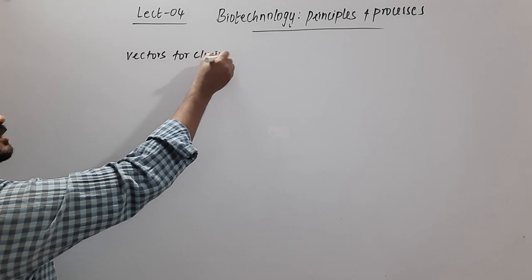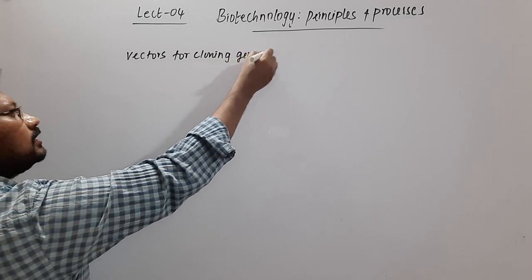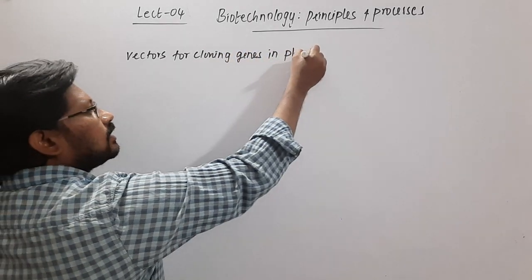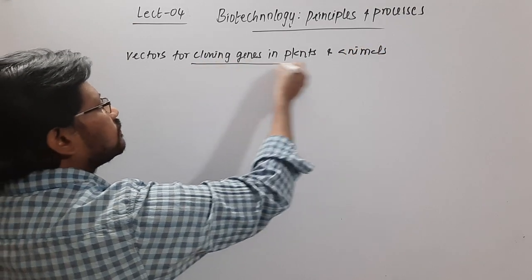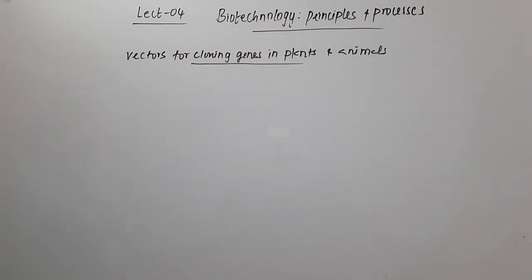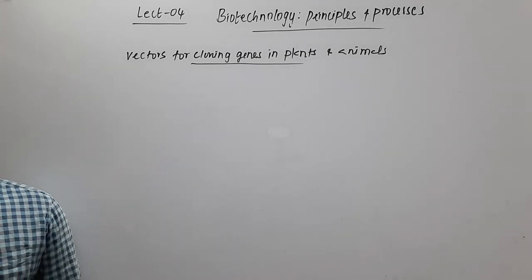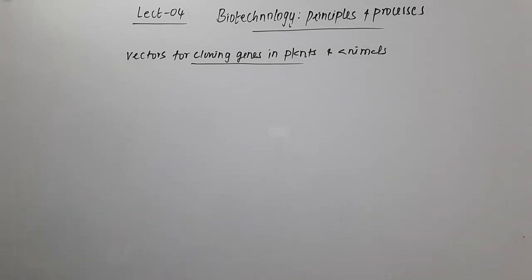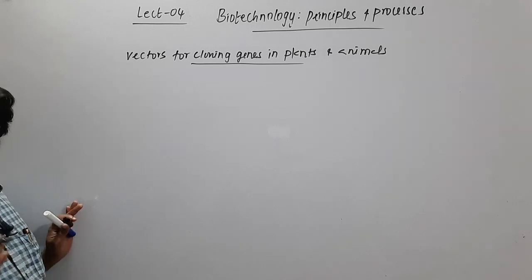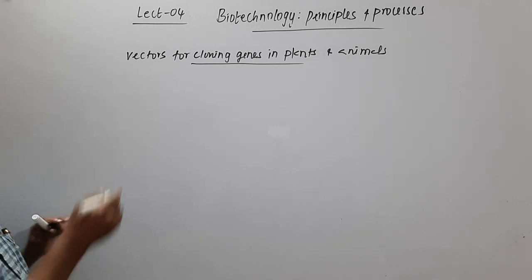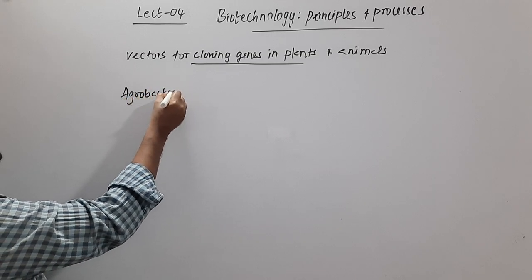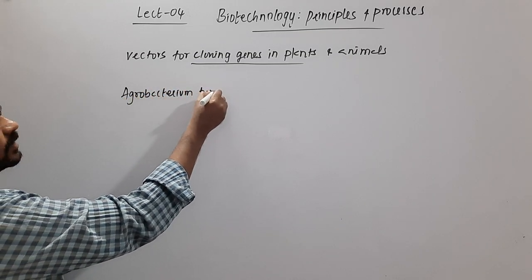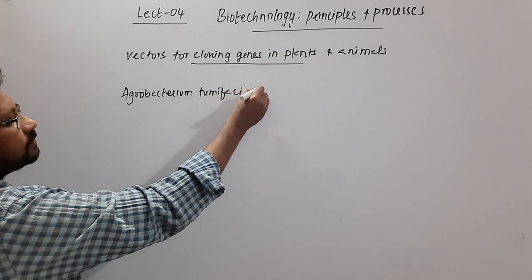Vectors for cloning genes in plants and animals. Here we have come to know there is a bacterium called Agrobacterium tumefaciens.